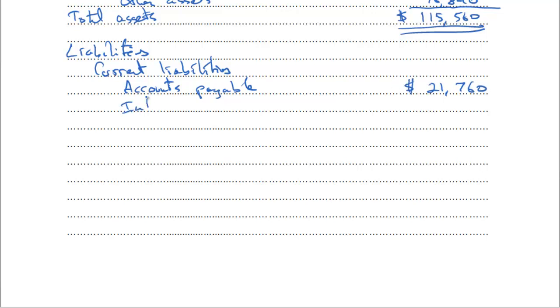And next, all the other things payable that are short term. So interest payable, 5,240. Unearned service revenue, $1,360, and then salary payable.